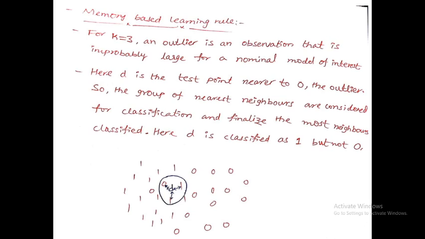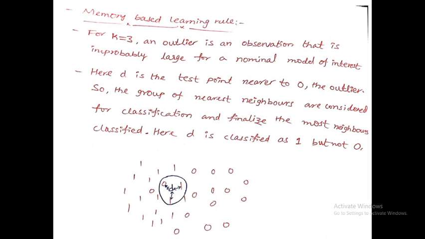Here D is the test point, which is near to the 0. The outlier is nothing but the distance between the 0 and the corresponding X test vector. So the group of nearest neighbors is considered for classification, and the majority of the neighbors decides the class.